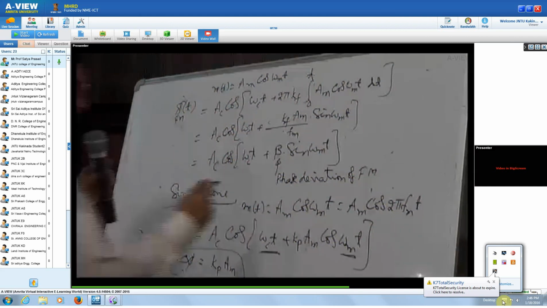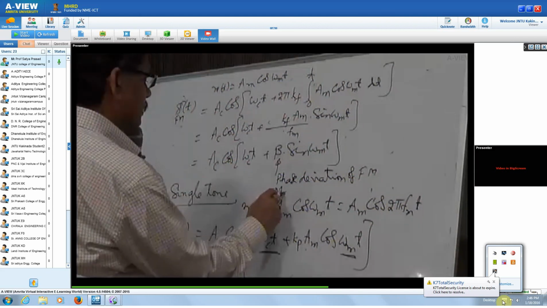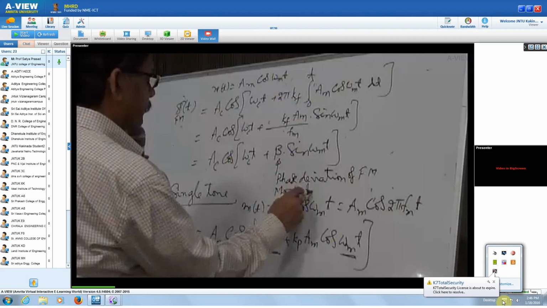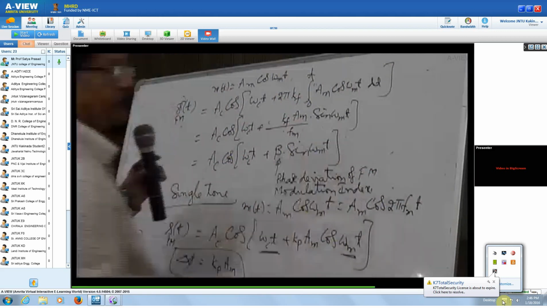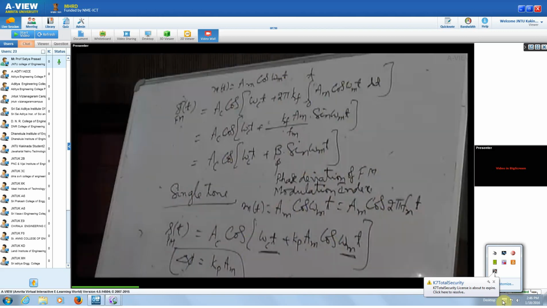Or this is also called the modulation index of your frequency modulation. We call this the modulation index or the phase deviation of your FM that we are going to have.